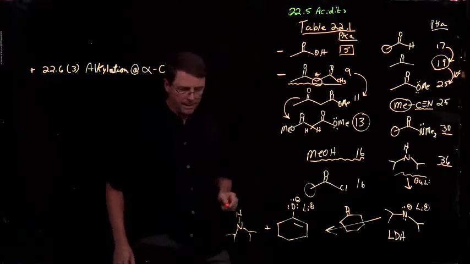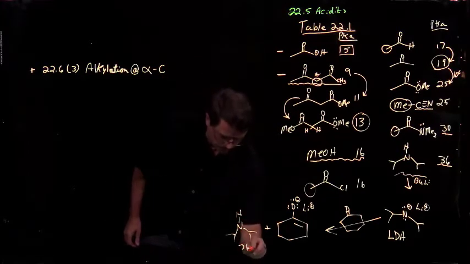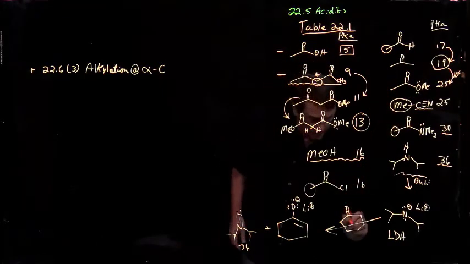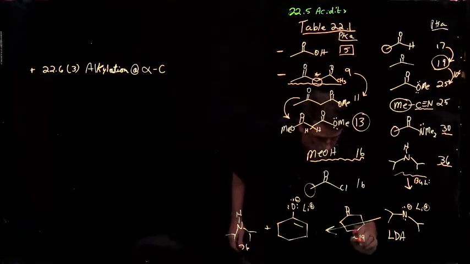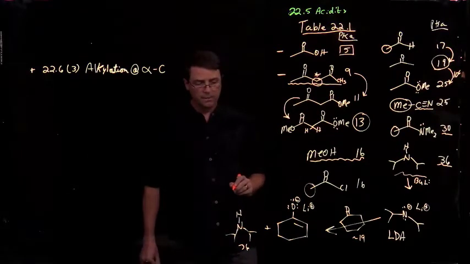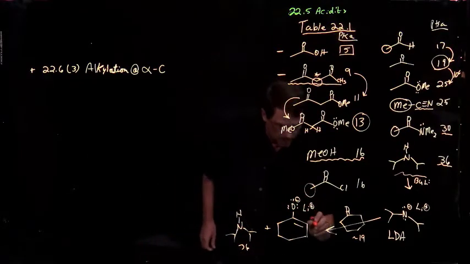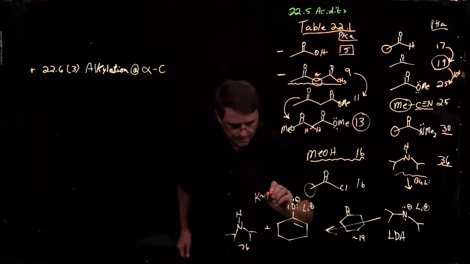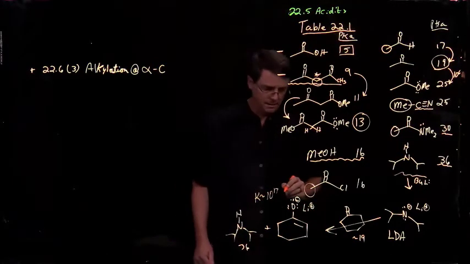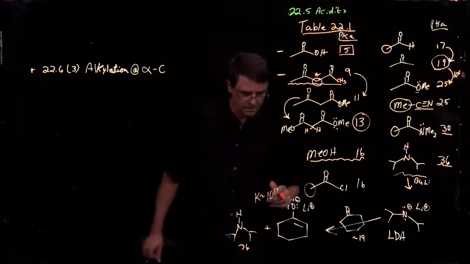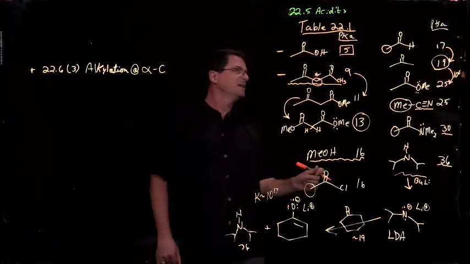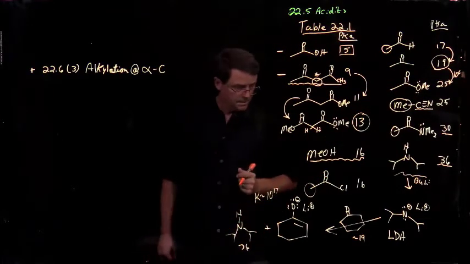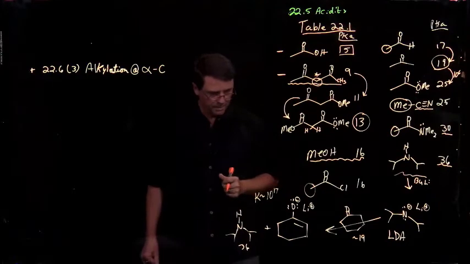And we can take the pKa's, 36, and the pKa of cyclohexanone is approximately 19. And so the equilibrium constant here would be approximately 10 to the 17th. I didn't do that math right, did I? Yeah, the ketone is 19, 17. That'll be 36.